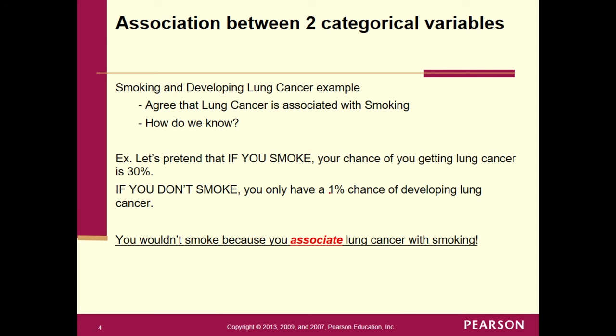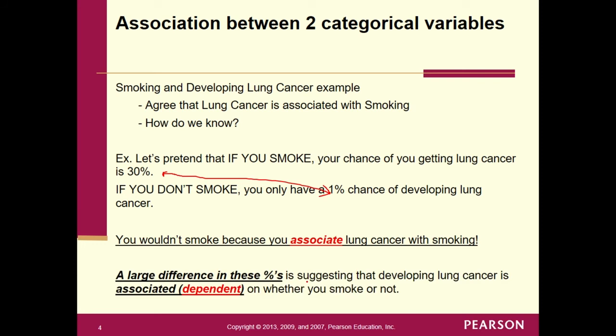But since these are very different from one another, this 30% versus the 1%, you say, ooh, seems like there's an association. So when there is such a big difference in these percentages, that is telling us that there's an association between the two variables. All right, so a large difference in these percentages is suggesting that developing lung cancer is associated with or dependent on whether you smoke or not.